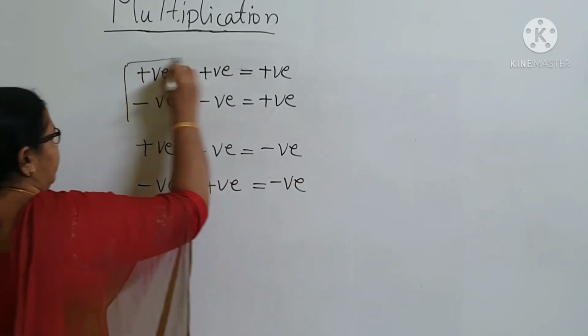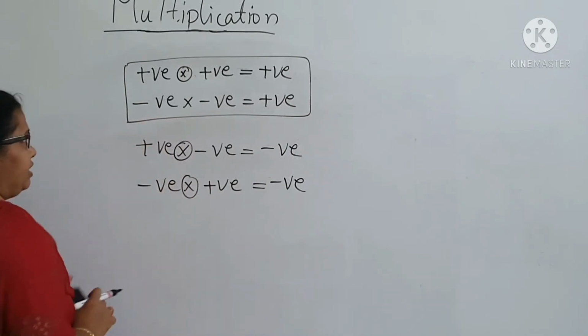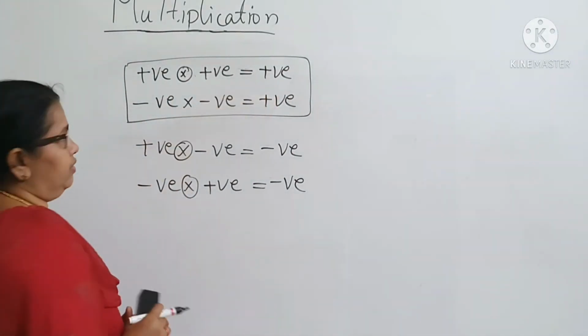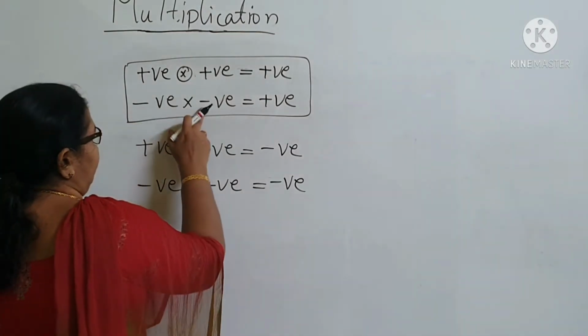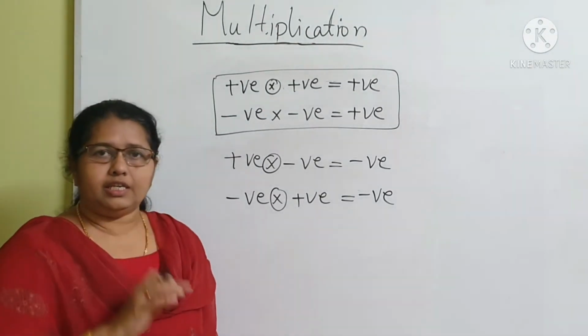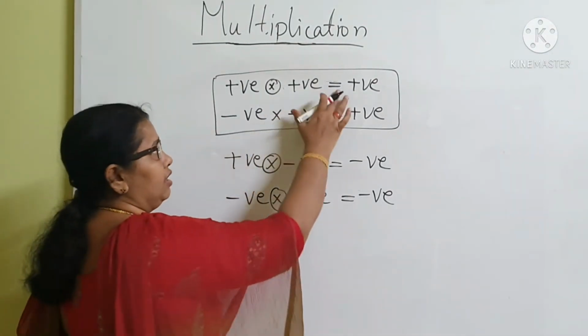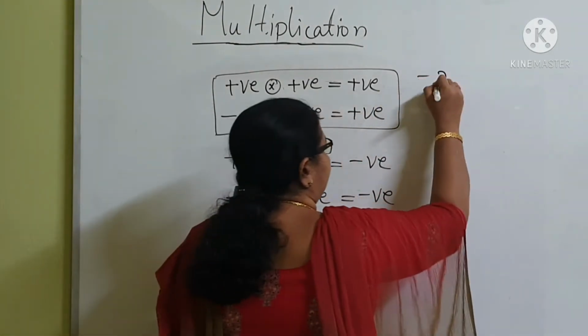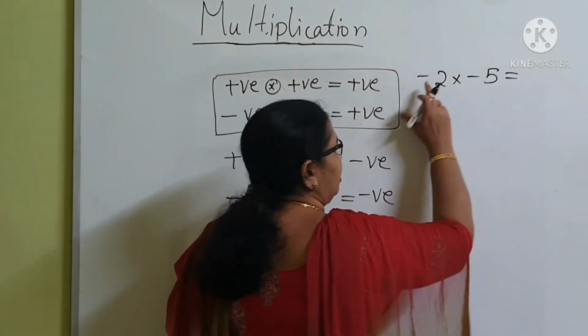So in these two cases, signs are same: positive and positive, the product is also positive, and negative into negative, the product is positive. That is, if the integers have the same sign, the product is positive. Then that is negative 2 into negative 5.